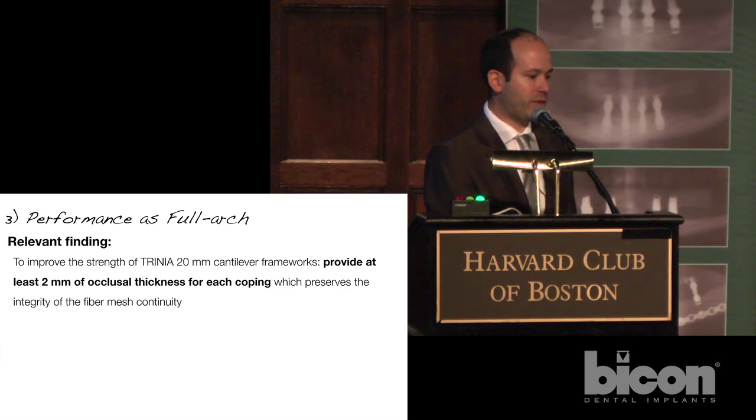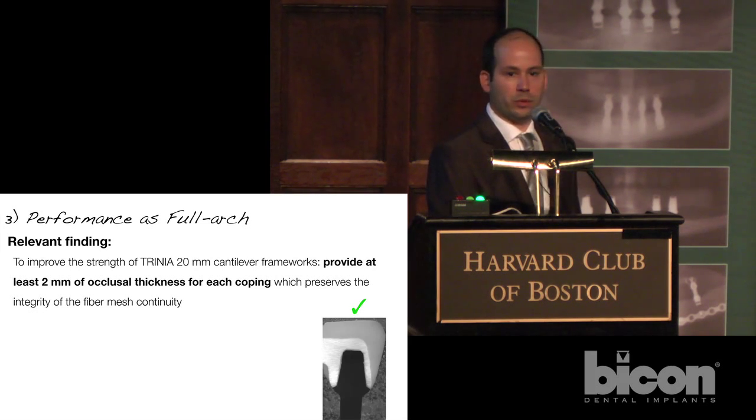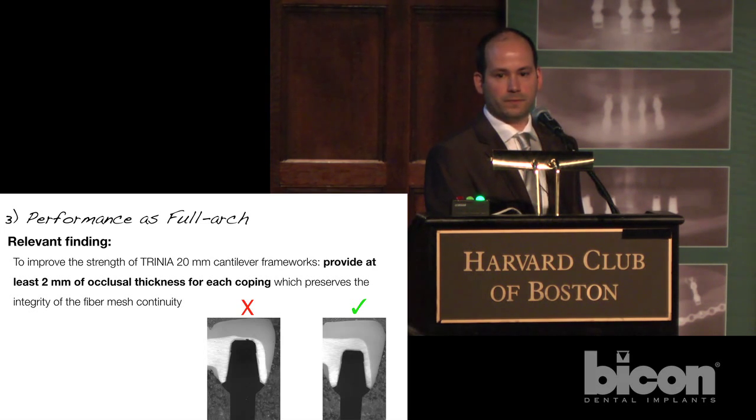So as a relevant finding, if we want to improve the strength of a Trinia, when used as a 20 millimeter cantilever framework, we must provide at least 2 millimeters occlusal thickness for each coping, because that preserves the integrity of the fiber mesh continuity. So this is what we're looking for, and this is what we do want to avoid. Okay, we need fiber mesh continuity on the top of the abutments.